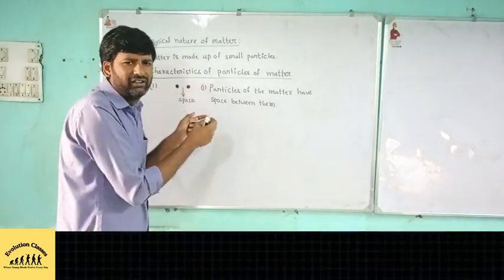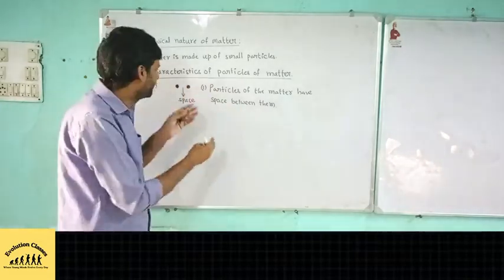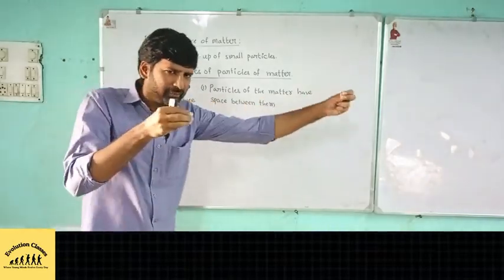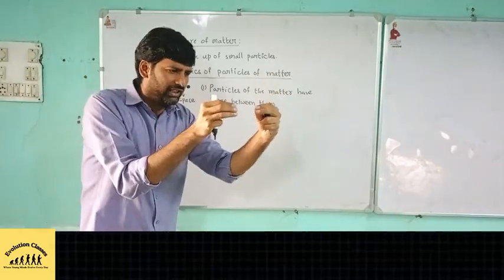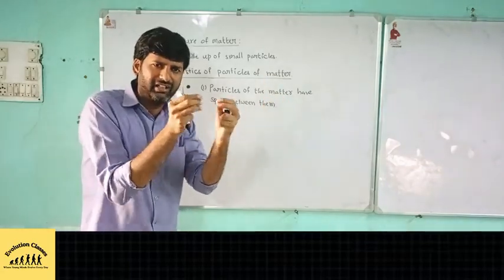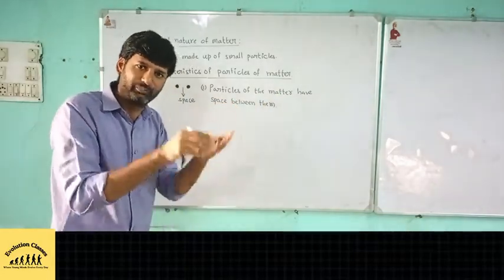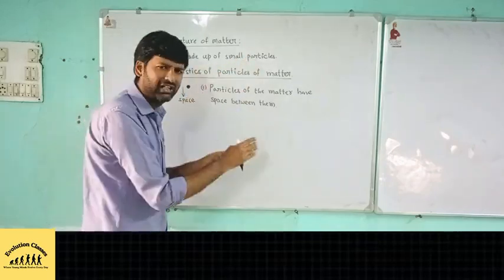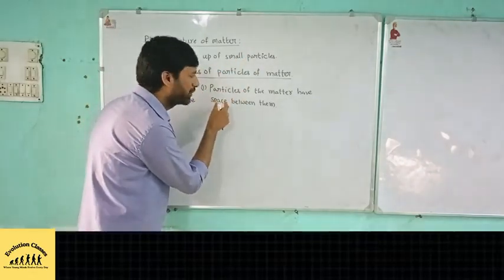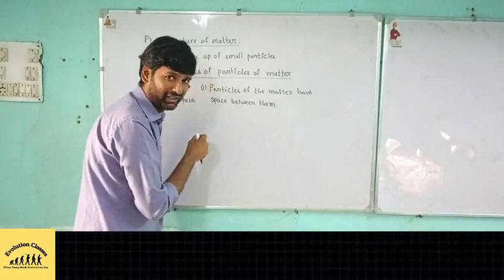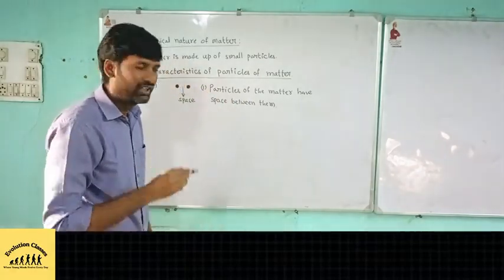It may be different in solids, liquids and gases. There may be a large space, a moderate space, or very little space between the particles, depending upon whether it is a solid, liquid or gas. But whatever the matter, there will always be some space between the particles. This is the first characteristic.